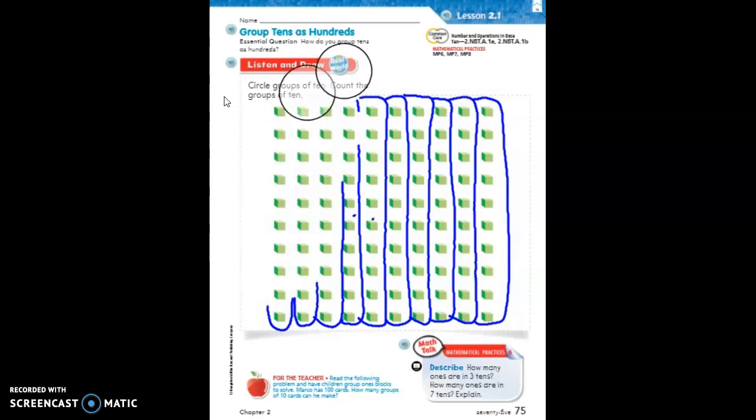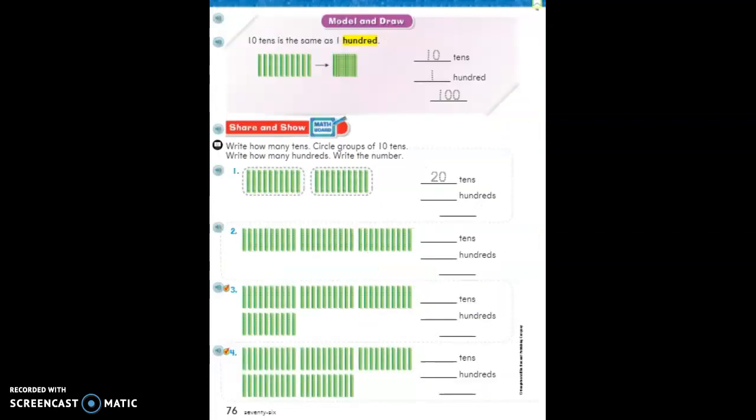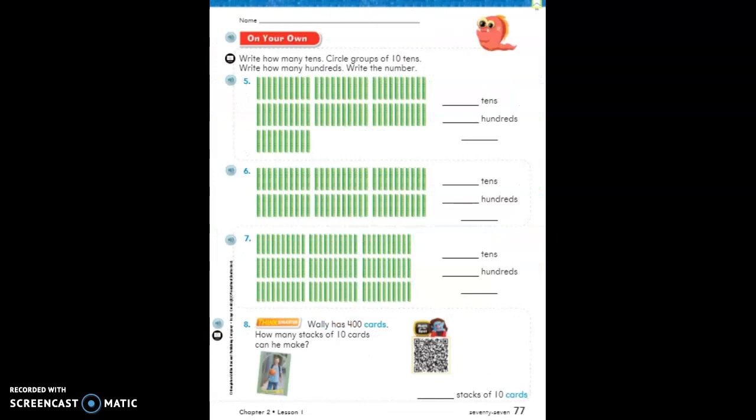I'm going to erase that, and then we're going to go on to another page. We are going to skip the next page, page 76, because you can look at the pink box page on your own, and you can do page 76 and 77 on your own. And the part that we're going to do together is number 8.